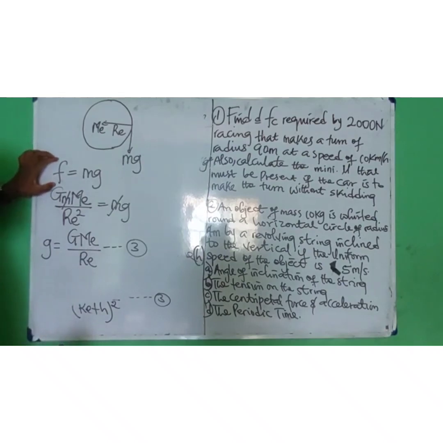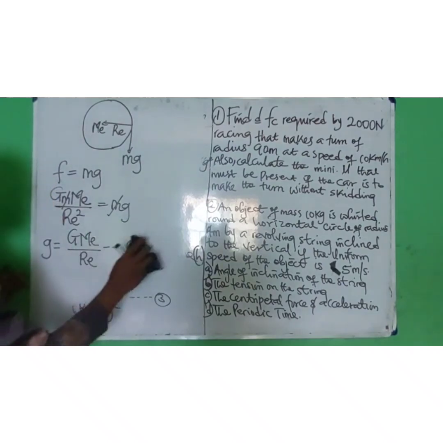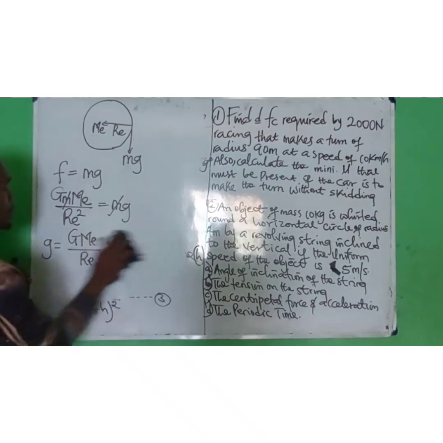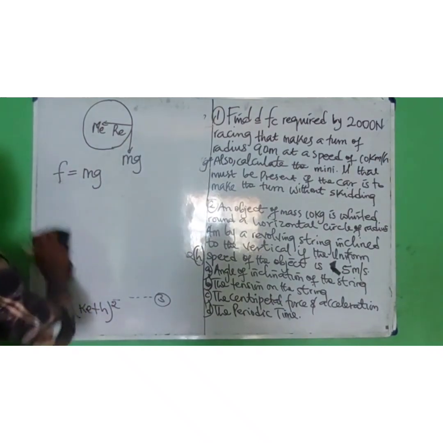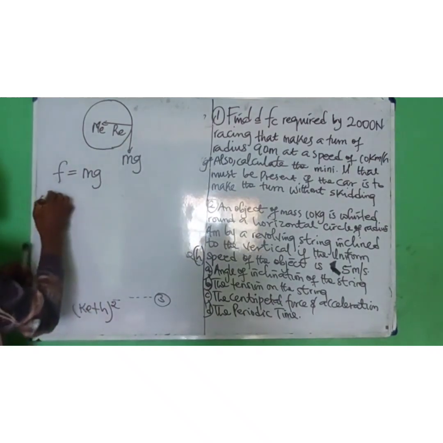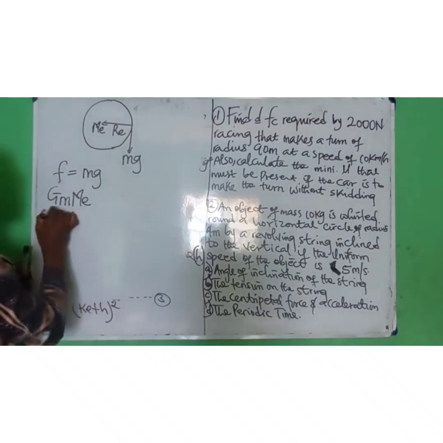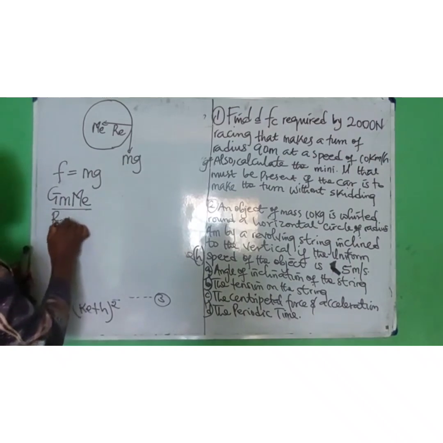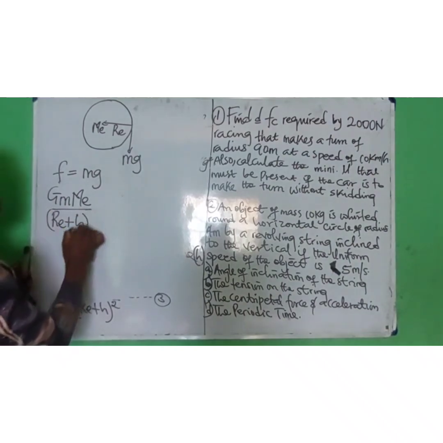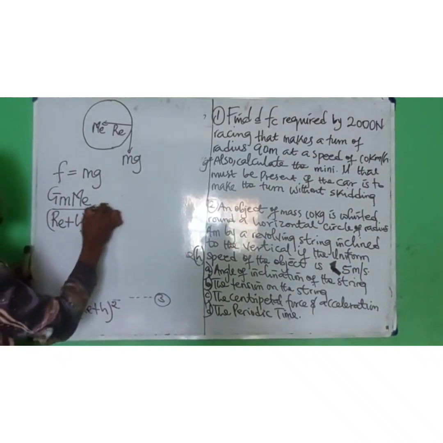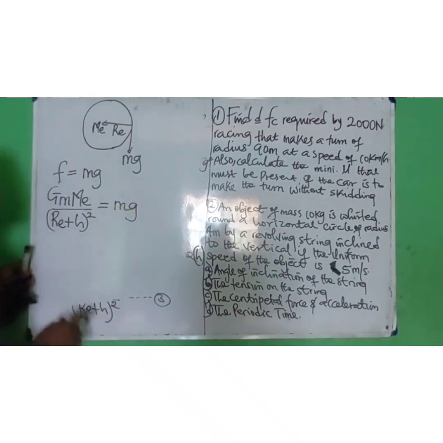This F is this, or to be much more precise, hold on, I'll rub it, let me do something so you understand it better. So I give it that G is ME over RE plus H all squared, right? And this is equal to Mg.